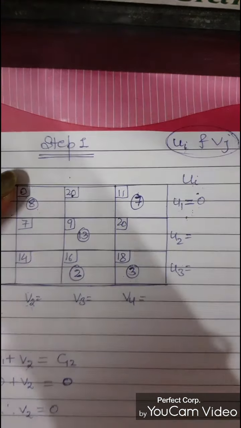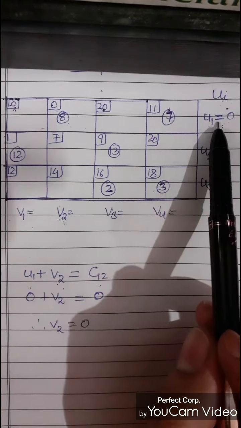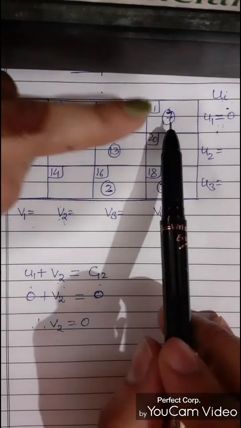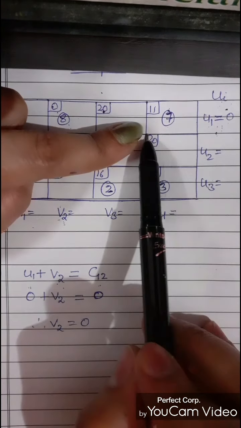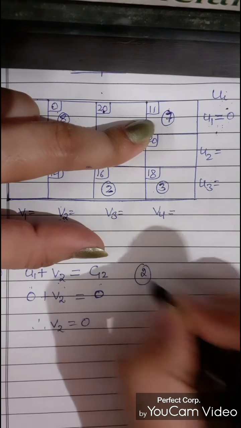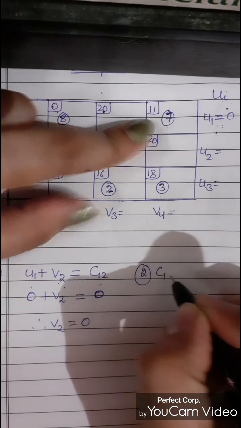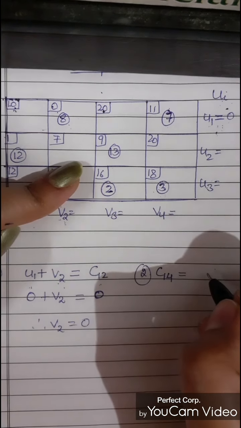Okay. Now we will start calculating other values. Again, if I see in this particular row, I'm also having one more allocation here, that is 7 in this cell. So which cell is this? This cell is C1, 1, 2, 3, 4, C14. So what should I write?